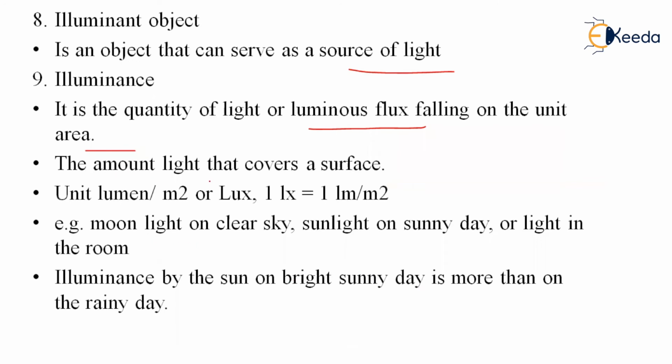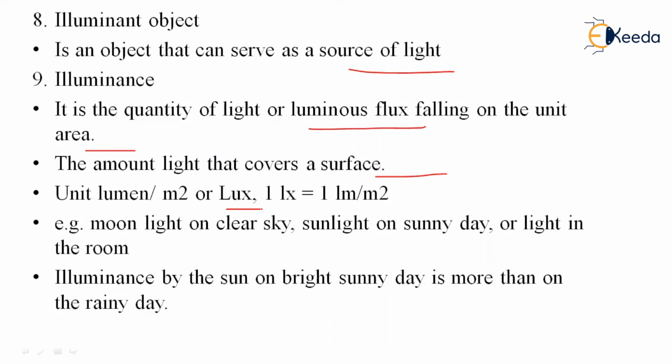It is the amount of light that covers a surface. Unit is lumen per meter square or lux. So we say that a lux meter is there to measure how illuminated the room is, and one lux is 1 lumen per meter square.